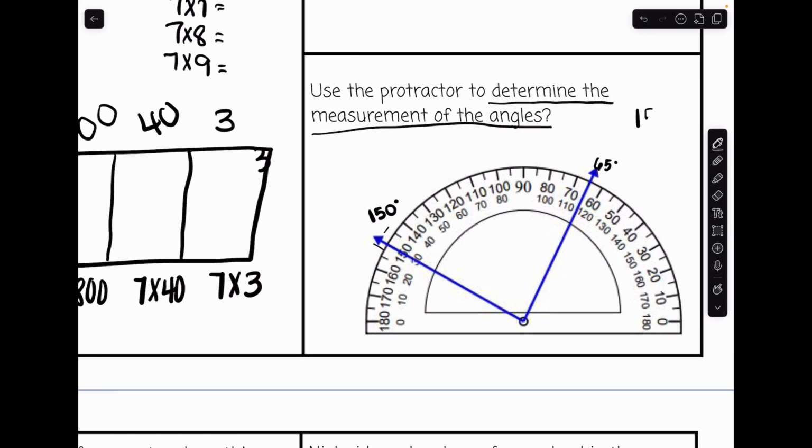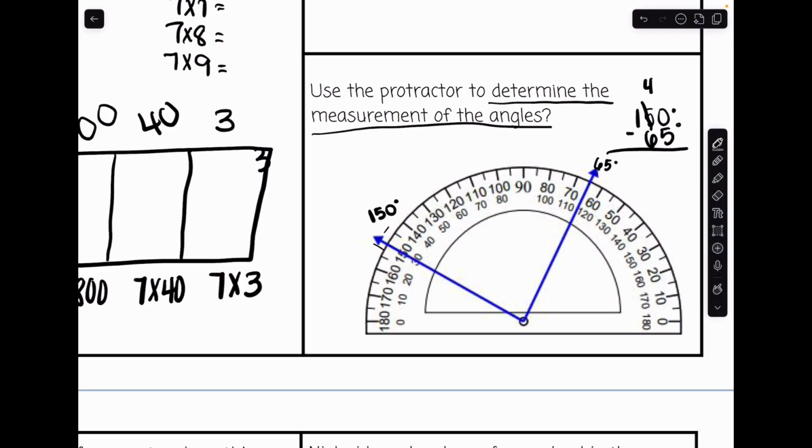So 150 minus 65. Minus 5, we can't do that. So my 5 in my tens place is going to become 4.